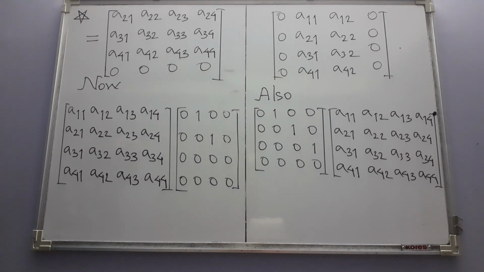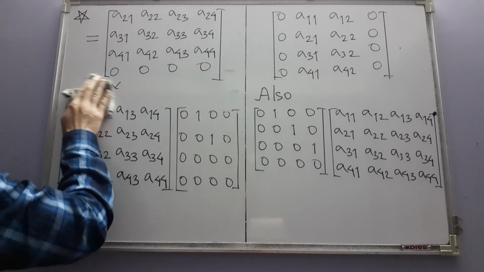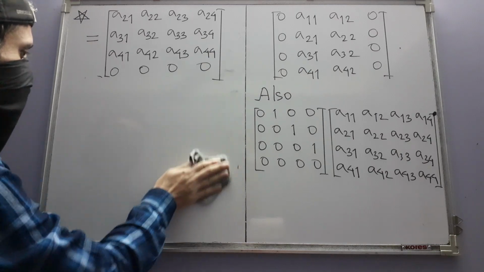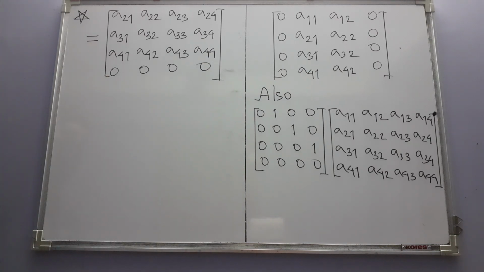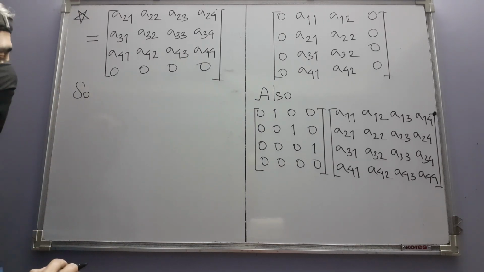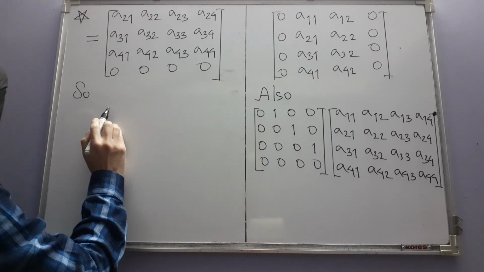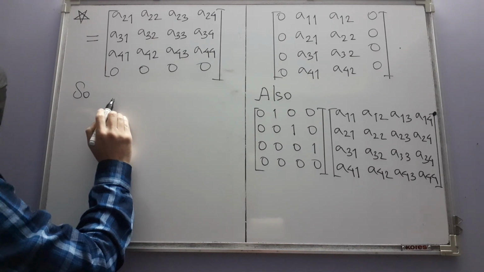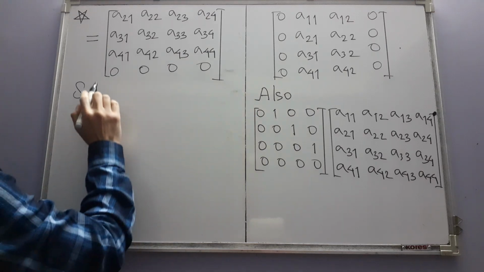They are supposed to be equal. So what are the things that we are getting? Let us just simply write all the things.